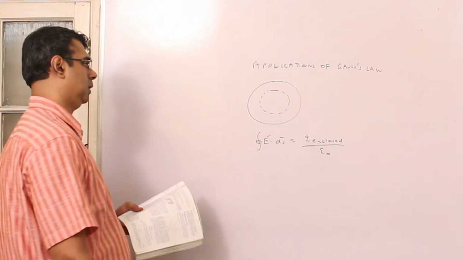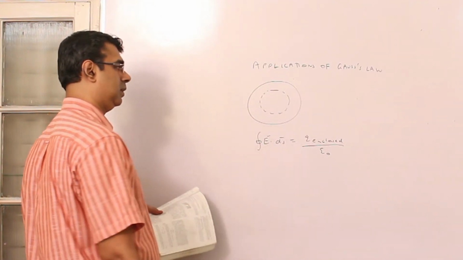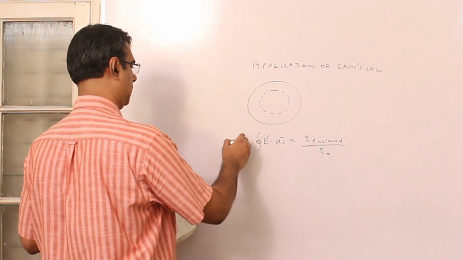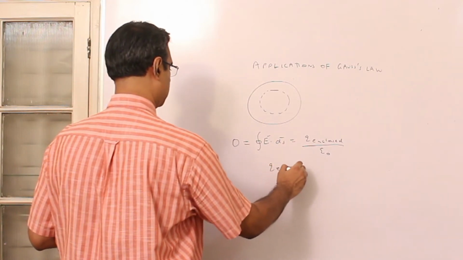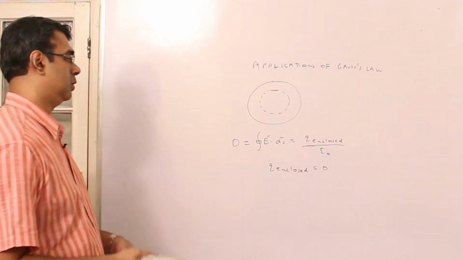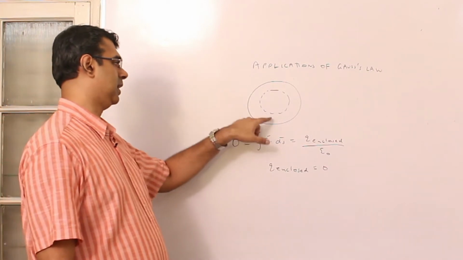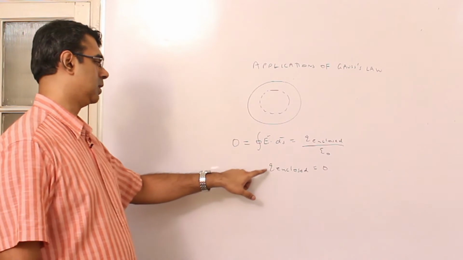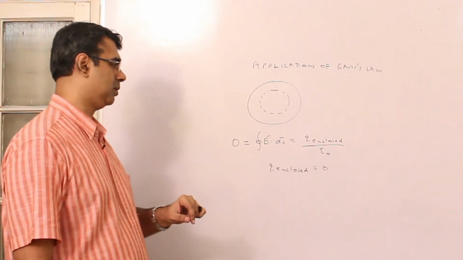Now you know that this is the interior of a conductor. So the interior of a conductor cannot have any electric field. So the electric field will be 0. So the flux will be 0. That means the enclosed charge will be 0. So if you introduce a charge Q inside the body of this conductor, it will not stay, because for any arbitrary surface like this one, the enclosed charge will always come 0.